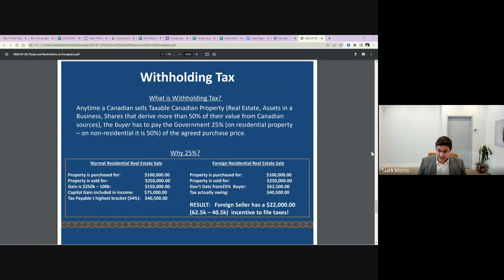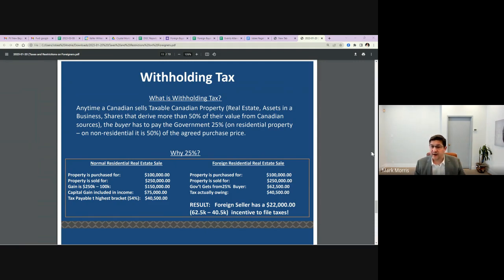Unless they get from the seller a statutory declaration that they are residents of Canada, so a promise that they are resident of Canada, which was done through the lawyers, or a clearance certificate from the government stating that the taxes on this deal have been paid.